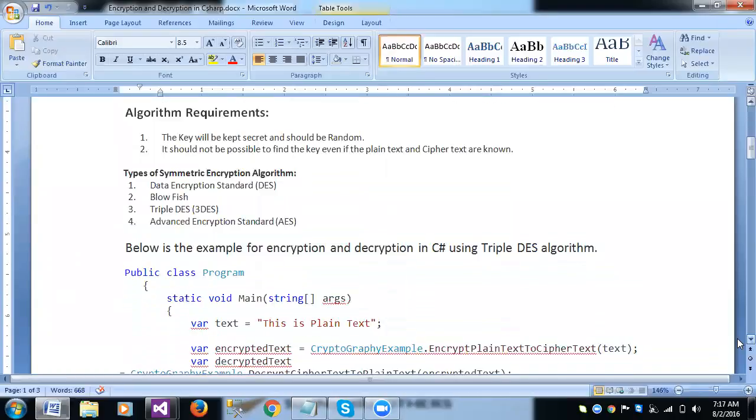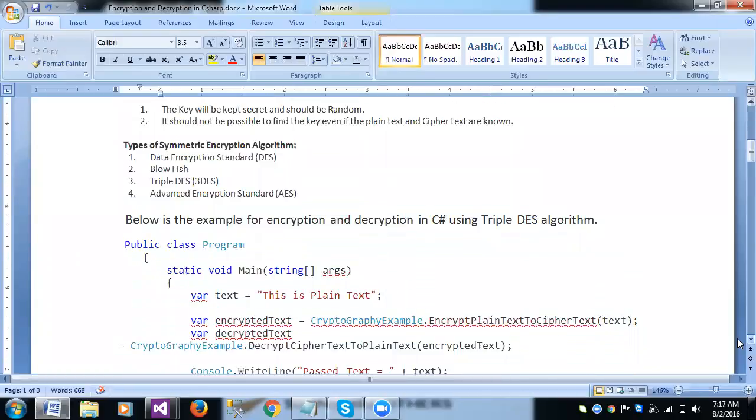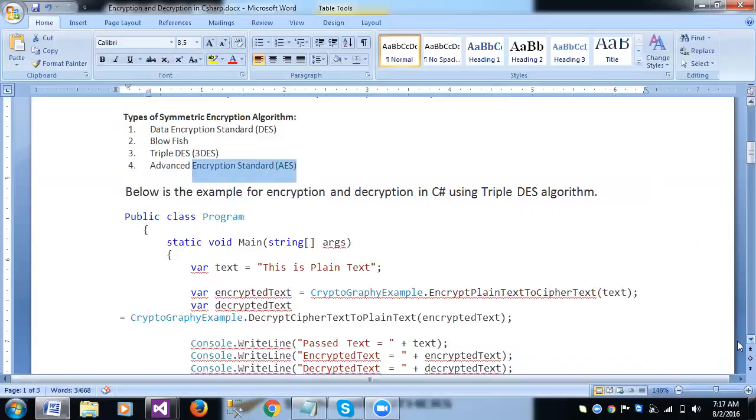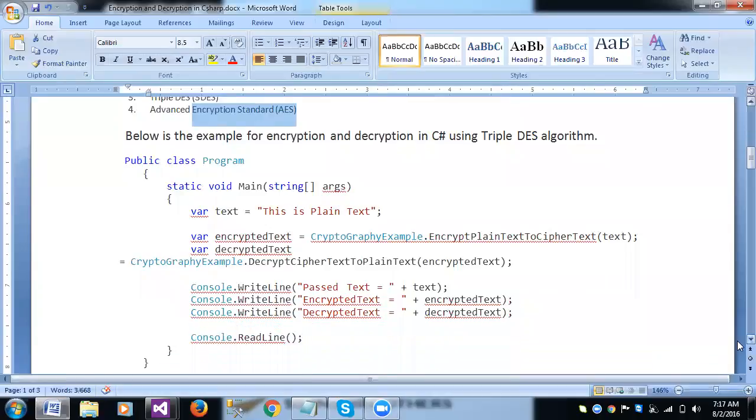So like this, different types of things we can use to hide the original information. Now, the famous algorithms which are predefined and mostly used in projects are the Data Encryption Standard, DES, Blowfish, Triple DES, 3DES, and the Advanced Encryption Standard, and Rivest-Shamir-Adleman, RSA. So this is the DES algorithm.